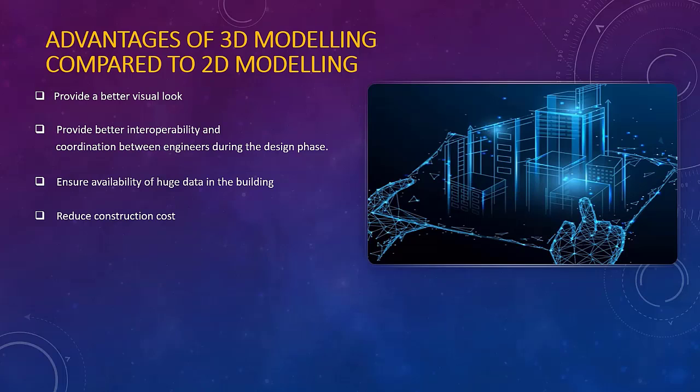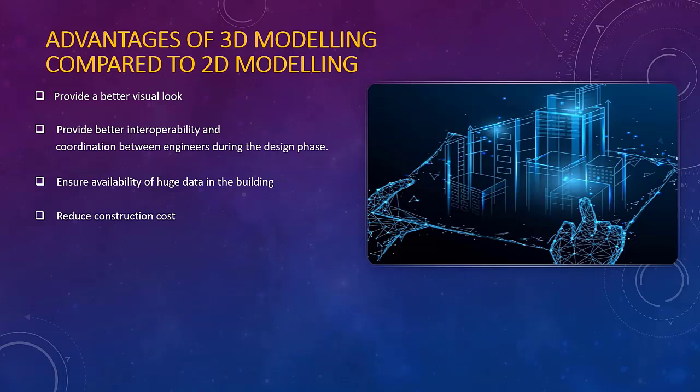Let us look into the advantages of 3D modeling compared to 2D modeling. I have listed four advantages. Number one, 3D modeling provides a better visual look compared to 2D modeling. Number two, development of 3D modeling will help engineers during the design phase of construction, where it provides better interoperability and coordination between engineers.